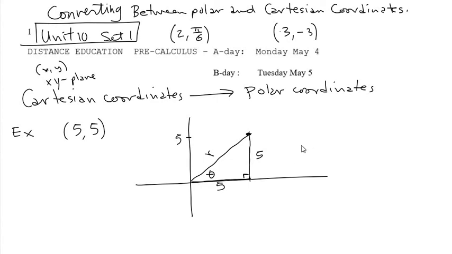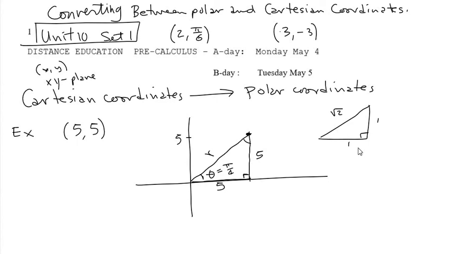So what I want to do is look at this and figure out which of the special triangles it is. Well, since the 2 legs are equal, that means these 2 angles are equal, and if those 2 angles are equal, they must both be 45 degrees or pi over 4, right? So this is really just a 45, 45, 90 triangle, which we usually label 1, 1, root 2.